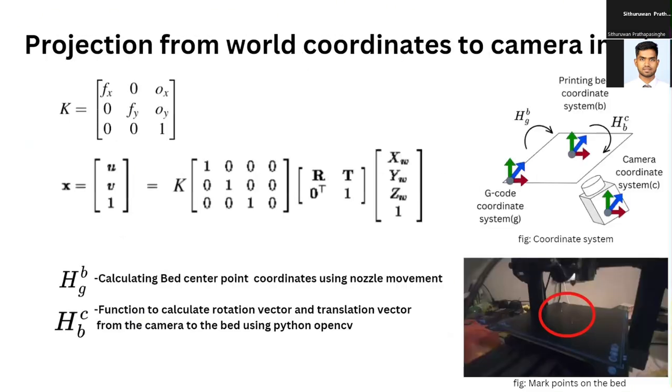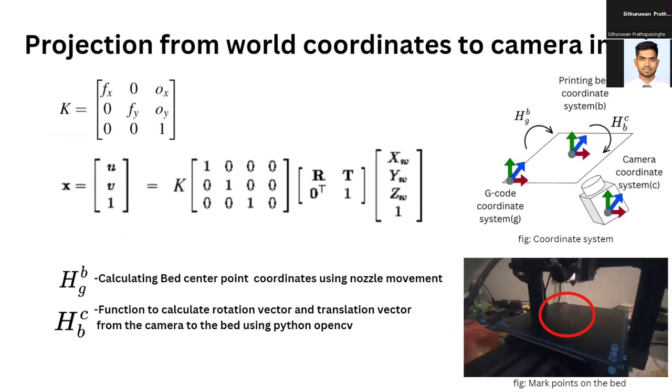Next is the relationship between the world coordinates and the image pixel coordinate system. As shown here, U and V are the image pixel coordinates.